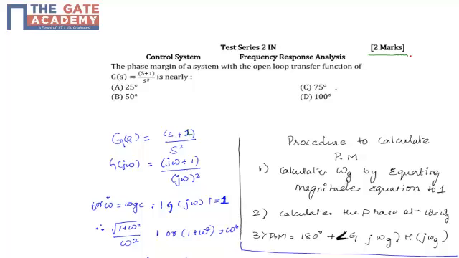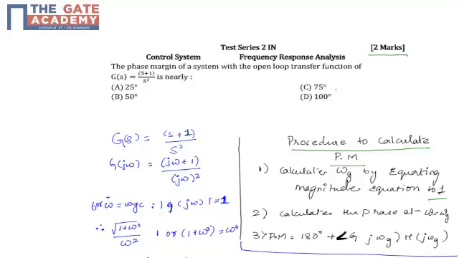In order to find the phase margin of this given system, we have to follow certain procedures. Here is the common procedure to calculate the phase margin of the system. First we have to calculate omega g by equating the magnitude equation to 1.